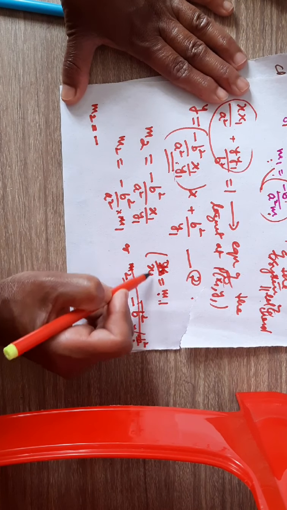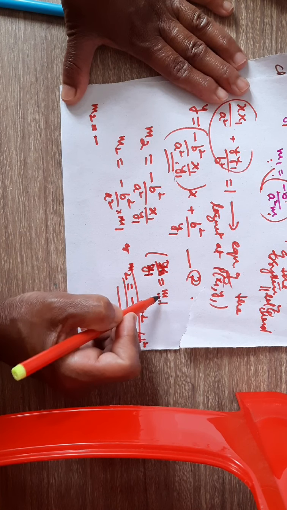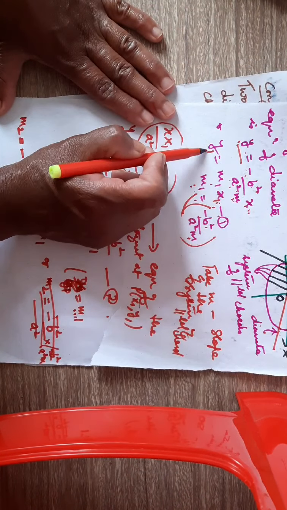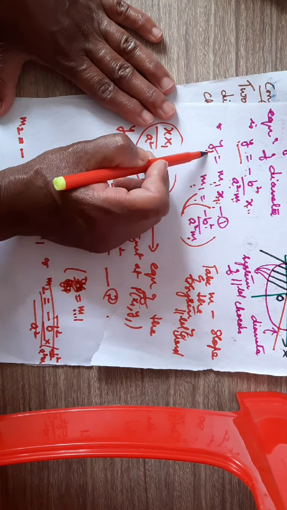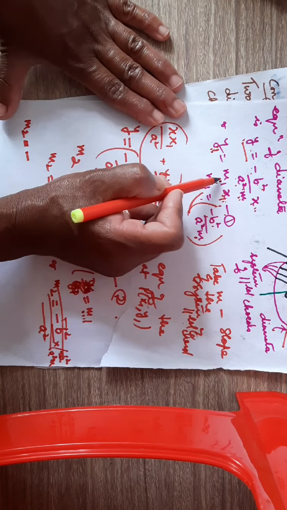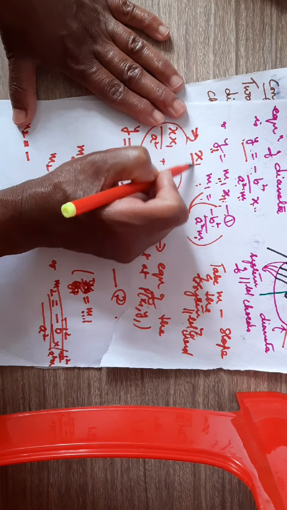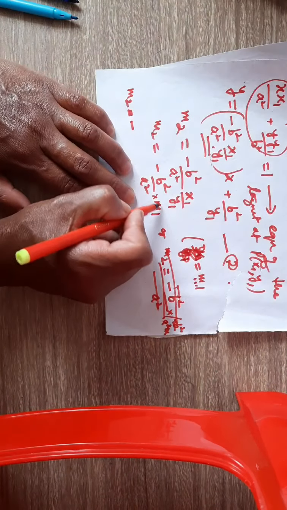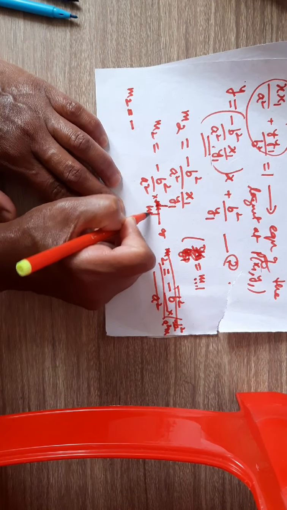Here I need y1 by x1 is equal to m1. So it means that x1 by y1 is equal to 1 by m1. So here it will not be m1, here it will be 1 by m1.